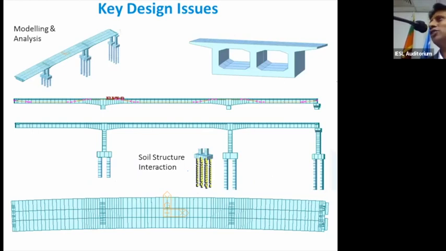Any software would do. Nonetheless, Midas gives options to tackle the long-term behavior, which is good, because otherwise, with continuous post-tension beams, you have secondary moments and things like that. It handles them well.